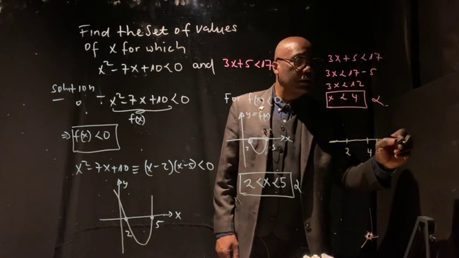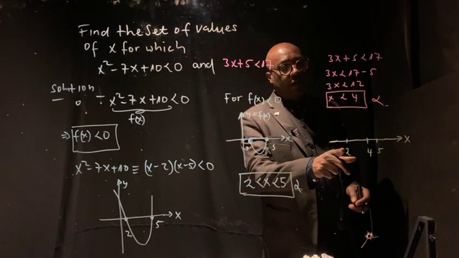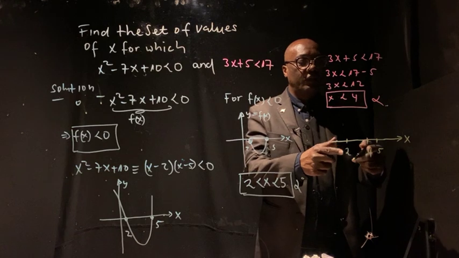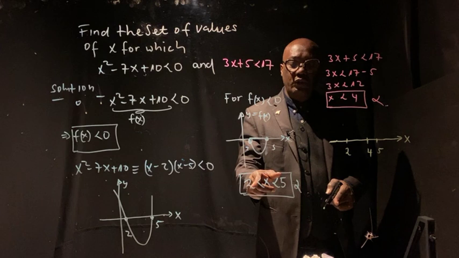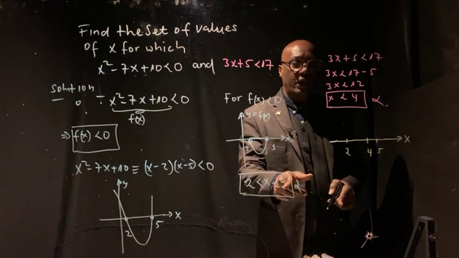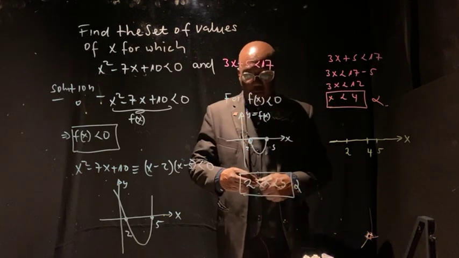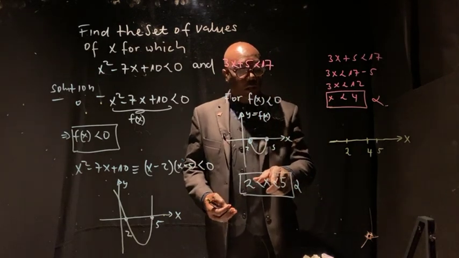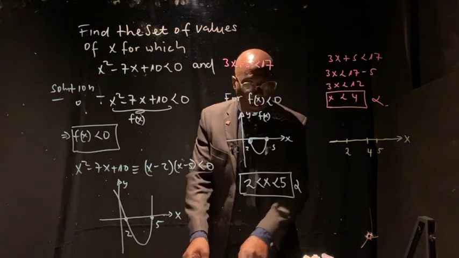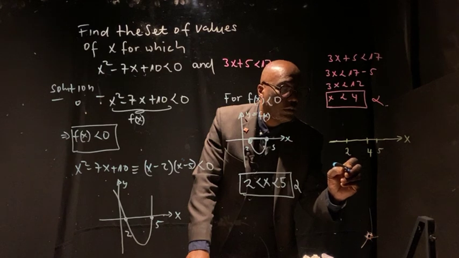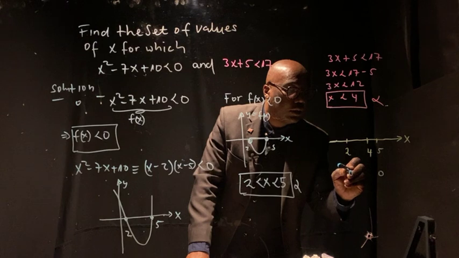And this is the x-axis. We are calibrating the numbers on the x-axis corresponding to what we have here: 2, 4, and 5. Now, look here. In this inequality, it is between 2 and 5. So this one is this one, and 5 is that inequality.